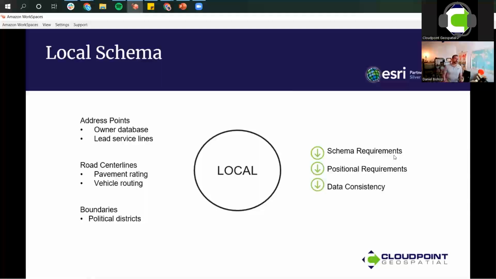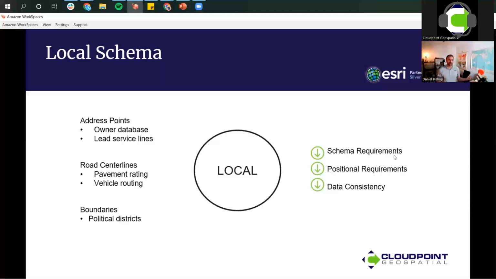So our local schema can be anything. We can pull this from ownership databases, lead service lines. This could be derived from your assessing or the Office of Assessors, or treasurer's departments. Road center lines could be pavement ratings or vehicle routing information from your highway department.